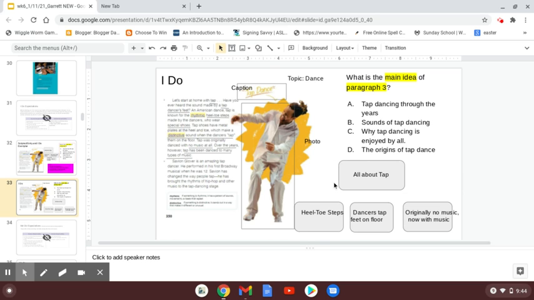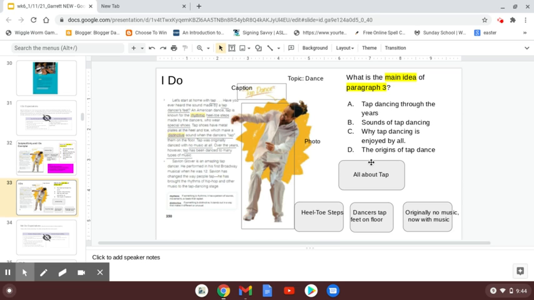All right, so now that I have my main idea, now I'm going to go back to my question, and I'm going to work through my answer choices to identify what answer choice is wrong. And I'm going to prove my answers. So answer choice A says tap dancing through the years.